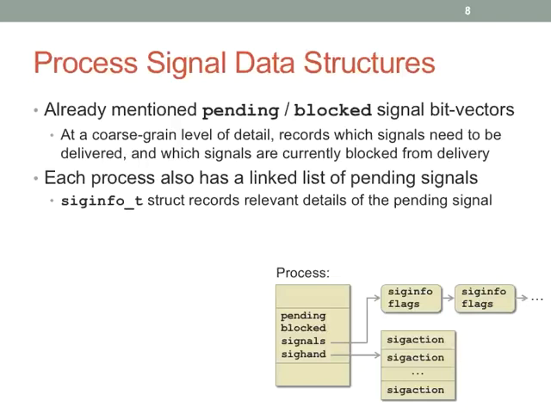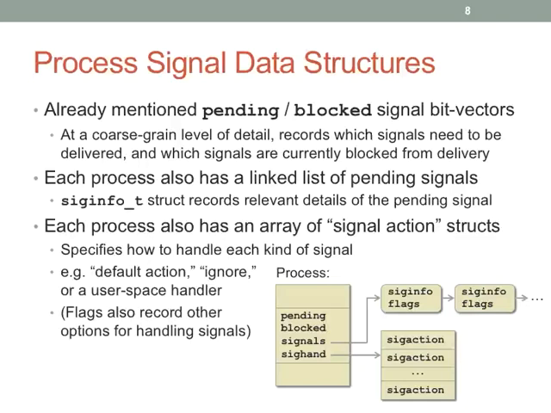That's under signals, and it's just a sequence of siginfo objects. And then you also have sigaction. So what do I do based on each signal? Remember, each signal has a number associated with it, and that's just an index into this array, and the entry in the array says, this is how you handle that signal.